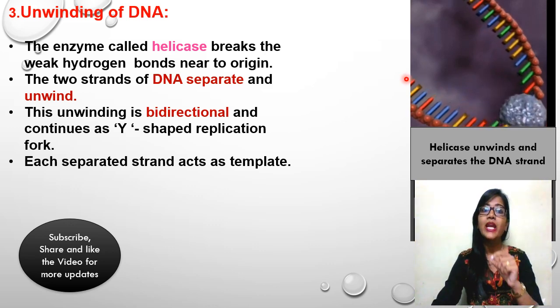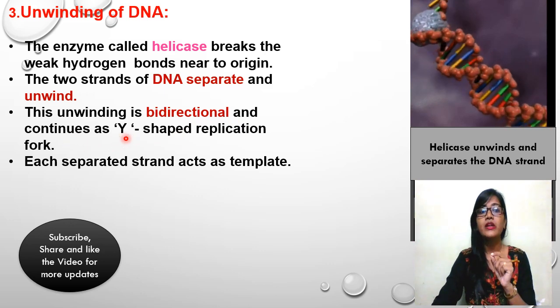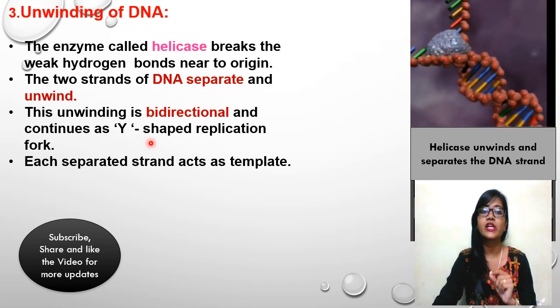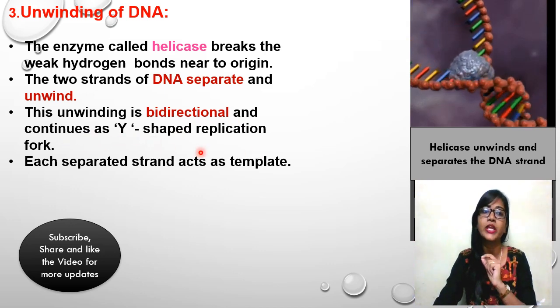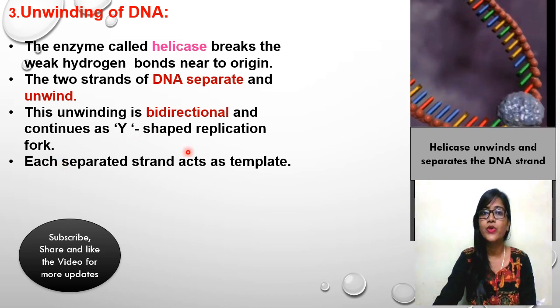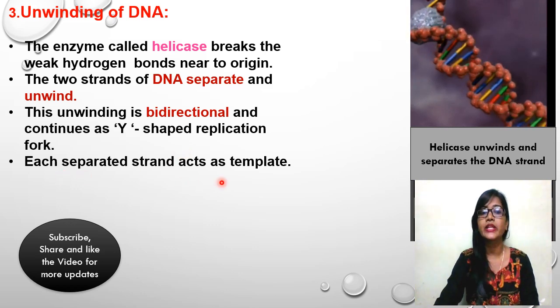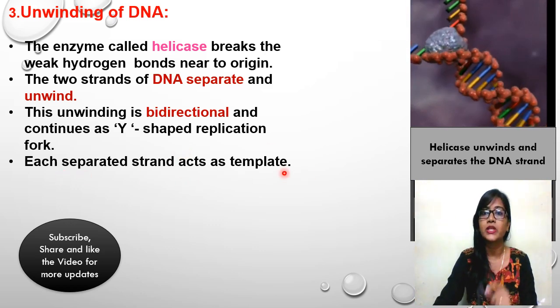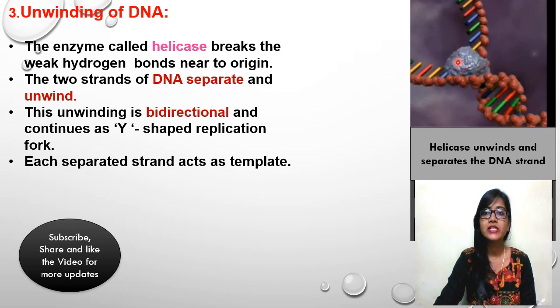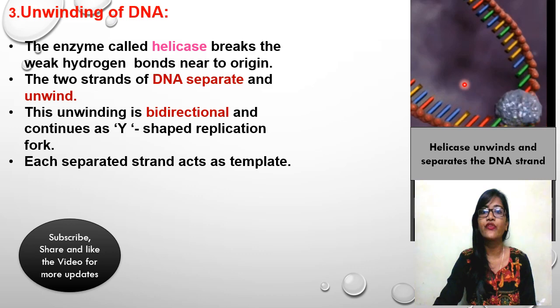By this continuous unwinding or bidirectional process, there is formation of the Y-shaped replication fork. We are going to discuss how this Y-shaped replication fork gets formed. Each separated strand acts as a template. Now see, this helicase moves forward, and these are two different templates.